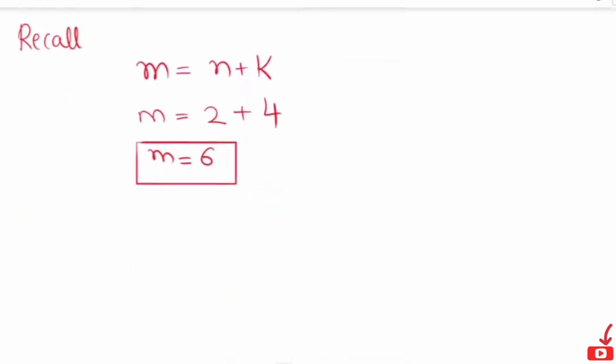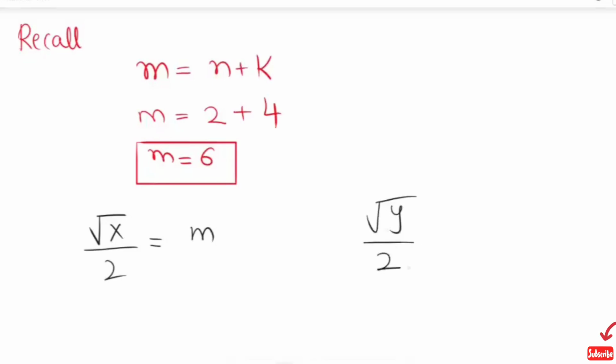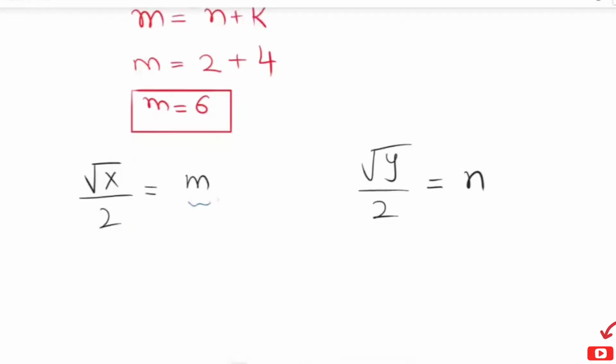Now in the next step I will take the expression that we learned in the beginning: root x over 2 equals m, root y over 2 equals n. Next, I will plug in the m and the n value. Root x over 2 is equal to 6.